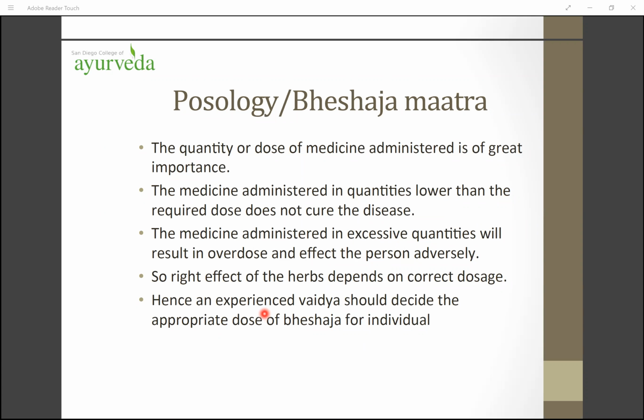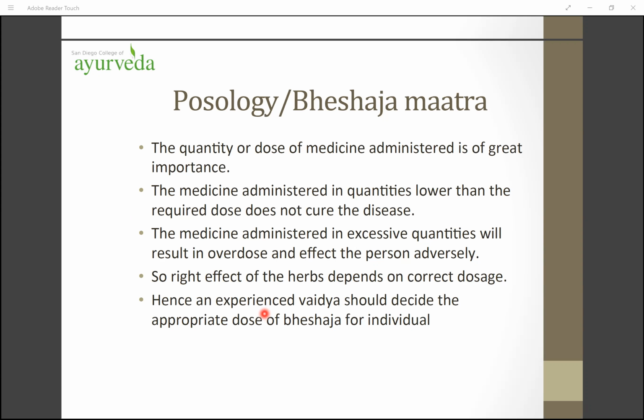Even herbal medicines, like for instance, if you take a freshly prepared extract, or administer something as simple as trikatu, if you give somebody an overdose of trikatu, that herbal trikatu is not going to really affect the person.